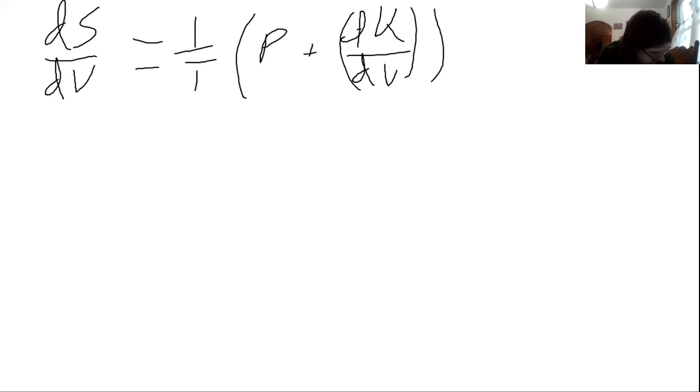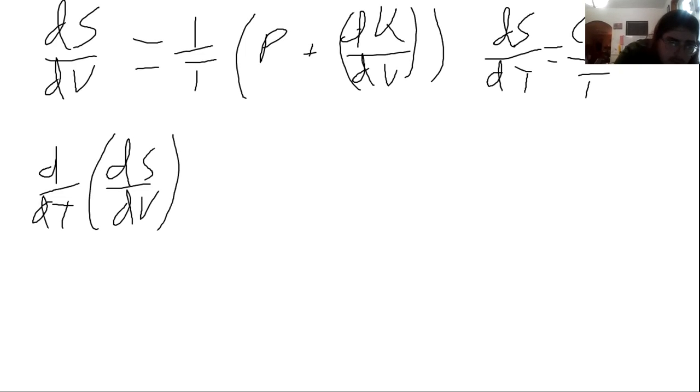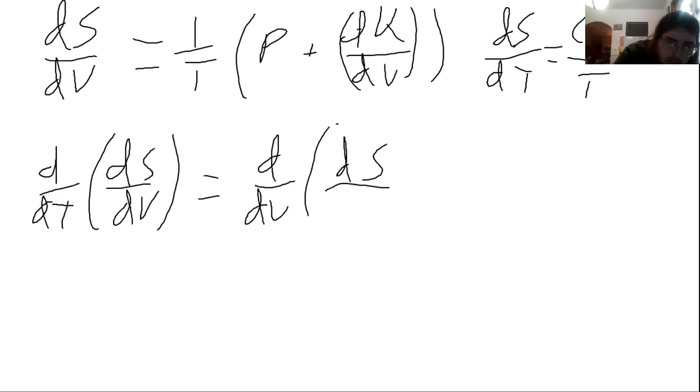Now, and we have ds dt, Cv over T. So the state function says d over dt of ds over dv must equal d over dv of ds over dt.